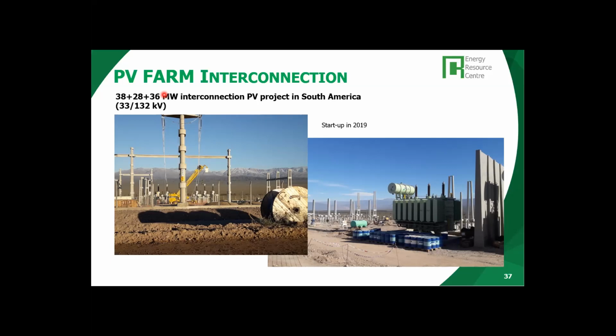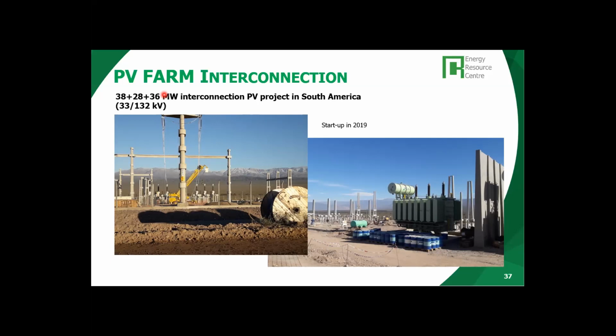So this needs a new solar substation to elevate from 33 kilovolts to 132, a substation of the solar power plant, because the distance between this PV power plant and the existing substation of the grid operator was 35 kilometers.